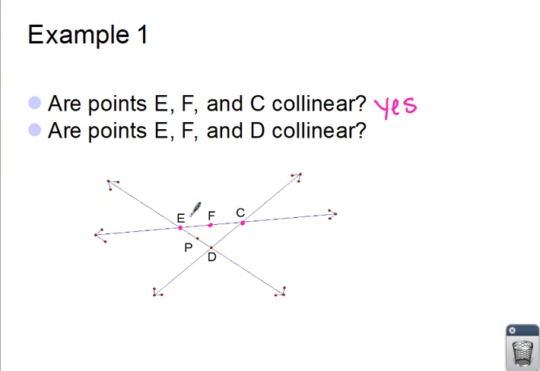All right, and then we look at point E, point F, and point D this time. Are they collinear? Answer's no, because D is not on the same line as E and F, and F is not on the same line as E and D. And then actually if we drew a line through F and D, E would not be on that line either, so they are not collinear.